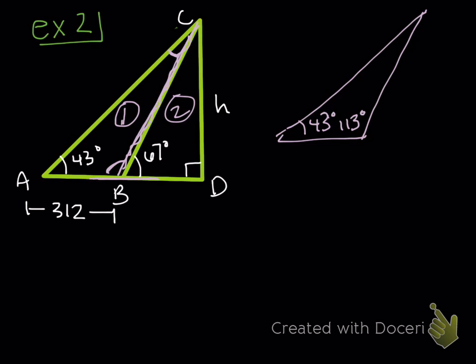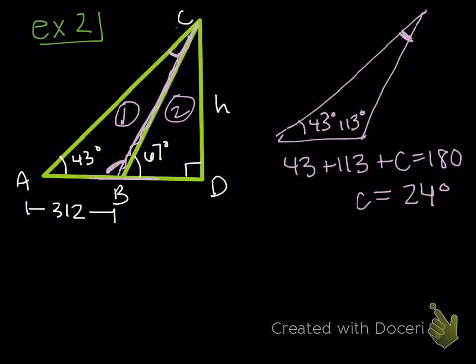So I now know this angle right here is 113. And to find this angle up here, which would be my angle C, I would have to add these up and subtract from 180. So angle C is 24 degrees.